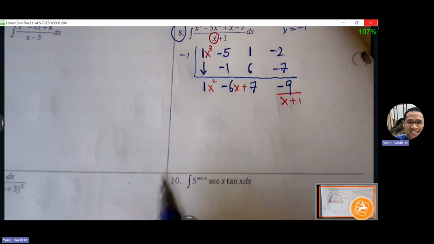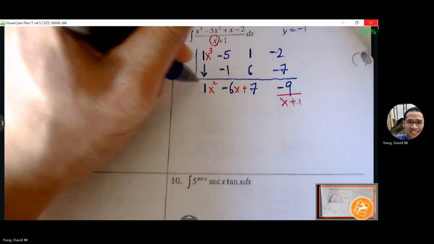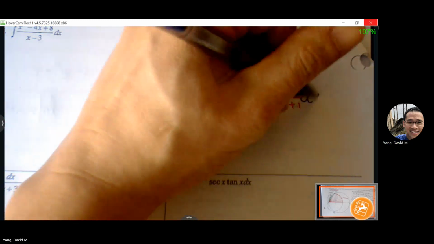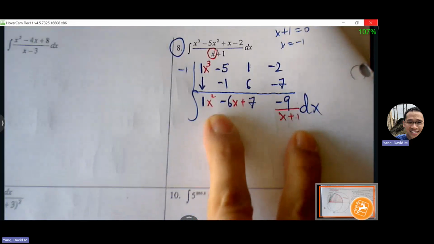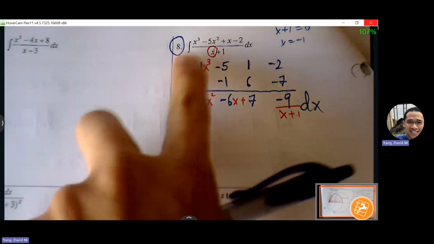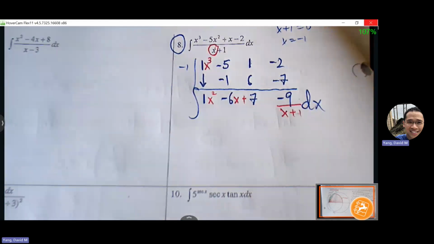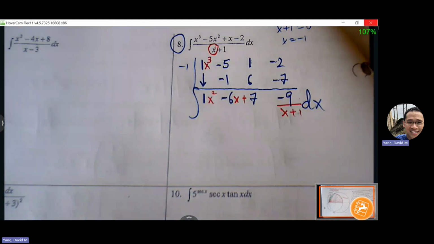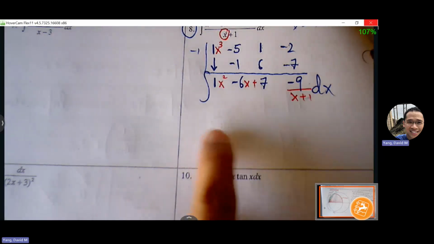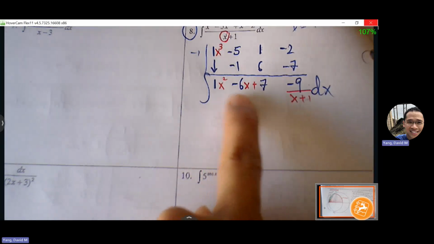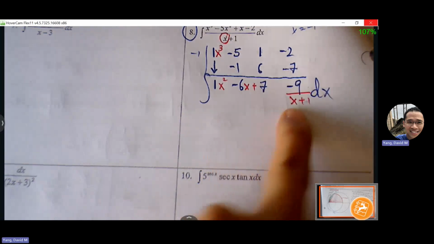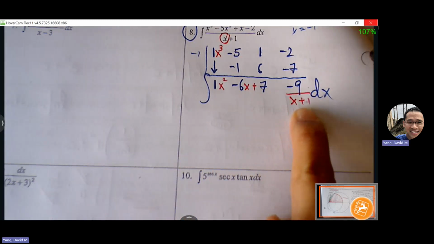So this is our new problem that we're going to do. The integral of this dx. So this is our new problem that's easier to work with than this. So this is the exact same thing as this, just written out in a form that's easier for us calculus-wise. The first 3 terms, we can simply use what? Power rule. And the last term is just use substitution, but it ends up being natural log, right?